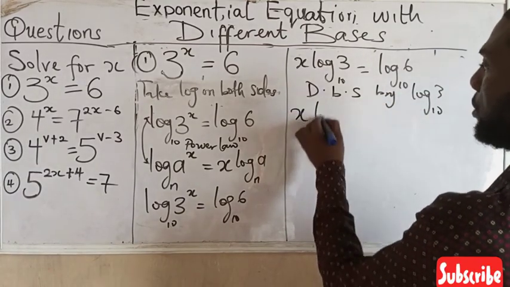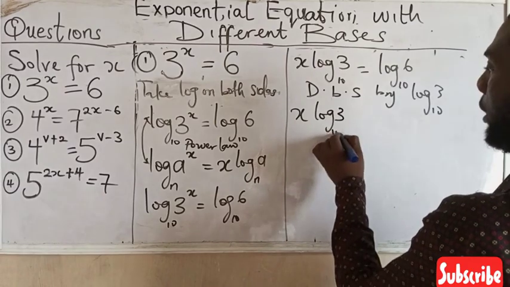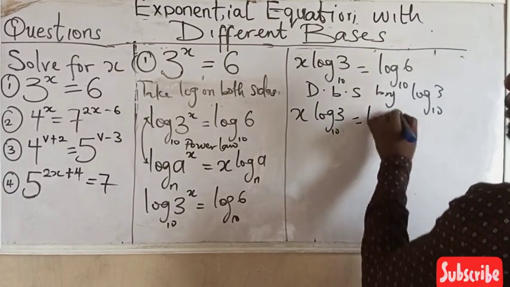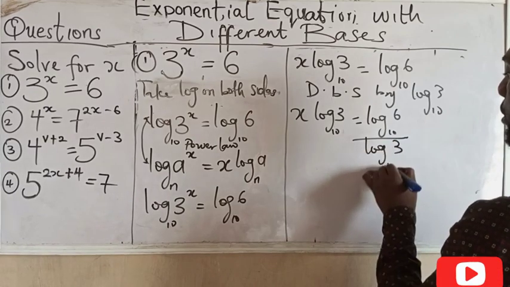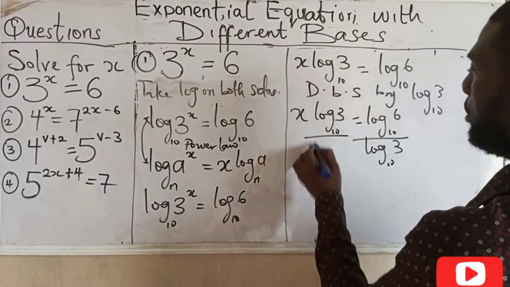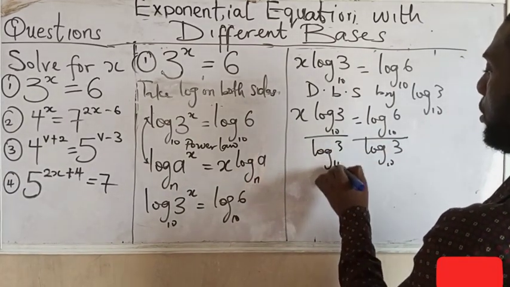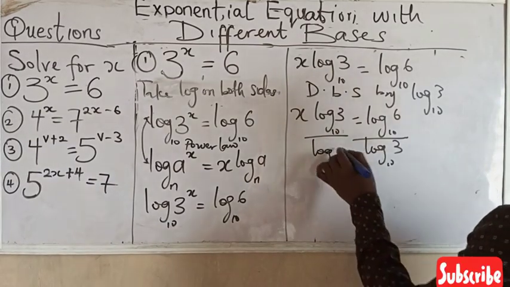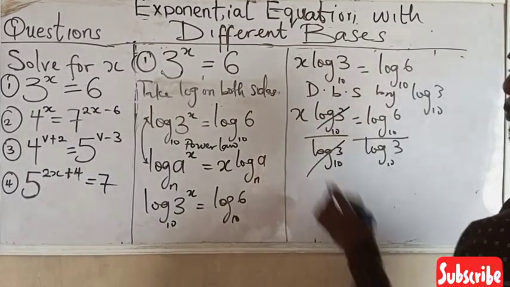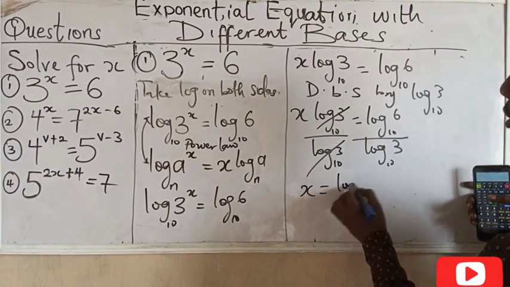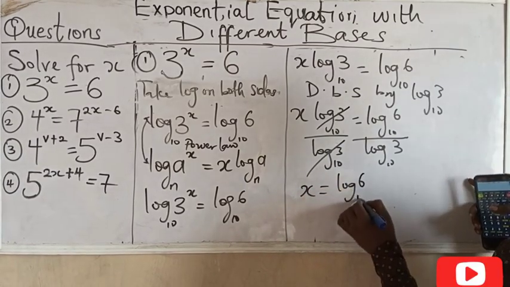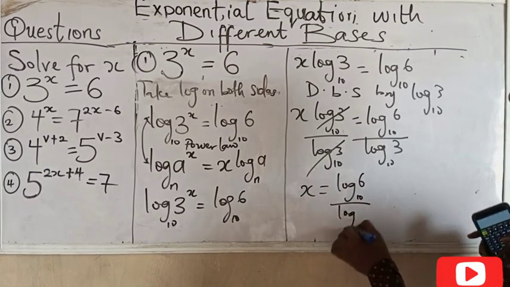So we have x log 3 base 10 over log 3 base 10 equals log 6 base 10 over log 3 base 10. So when this cancels, I will have x equals log 6 base 10 over log 3 base 10.